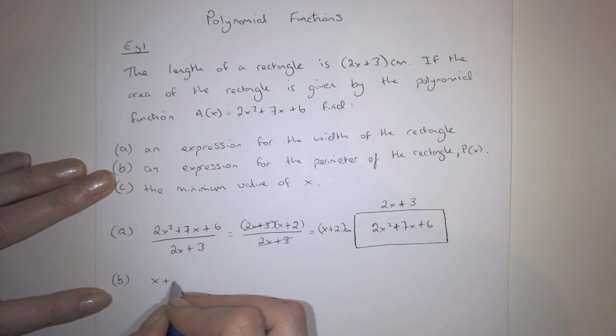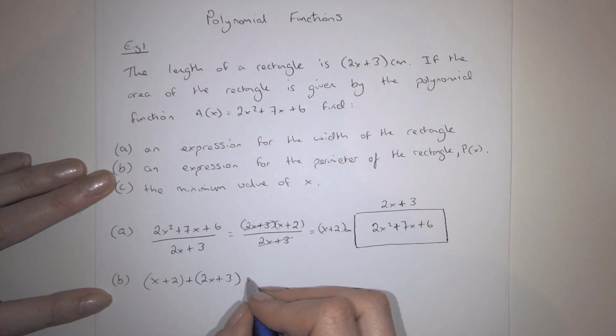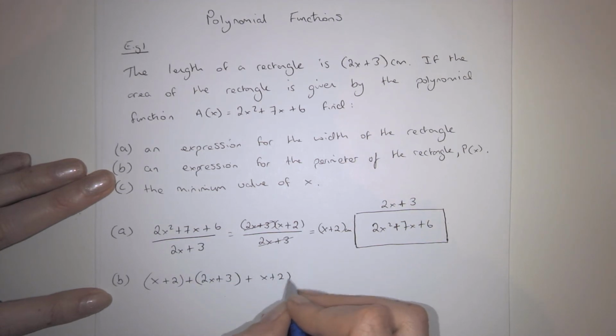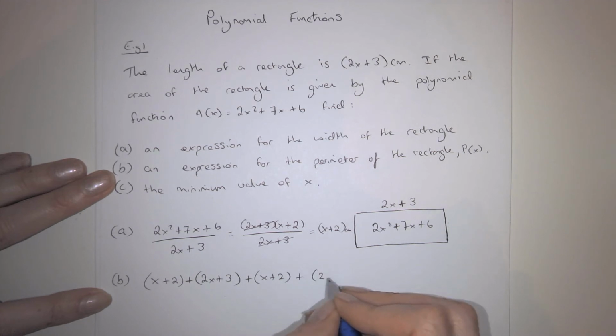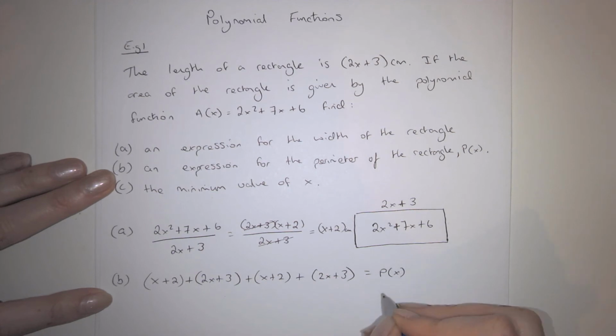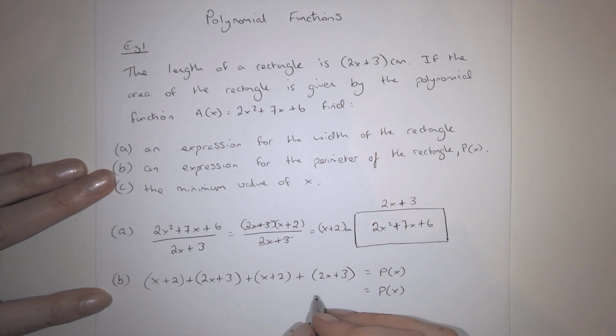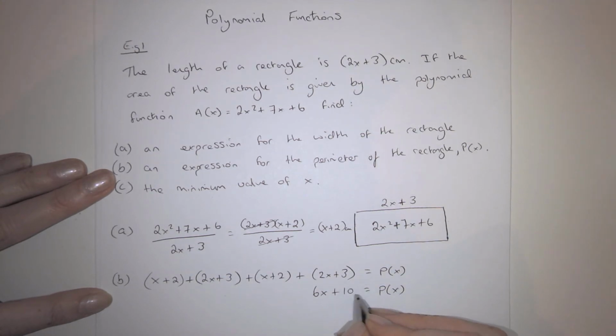So I'm going to add x plus 2 plus 2x plus 3, another width, x plus 2, plus 2x plus 3, and that will give me P of x. So if I just add up my x's, x plus 2x is 3x, x plus 2x plus 3x, 3x and 3x is 6x, and then we've got 2 and 3 is 5, and 2 and 3 is 5, so that's plus 10. So 6x plus 10 is my perimeter.